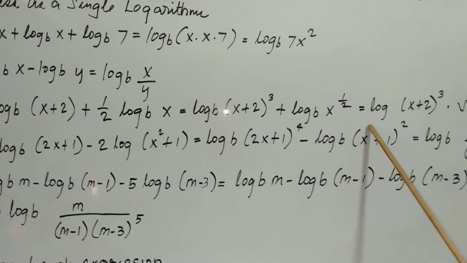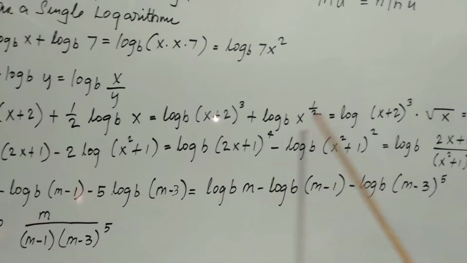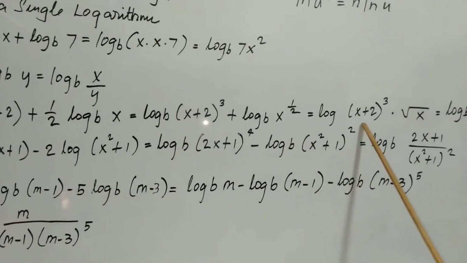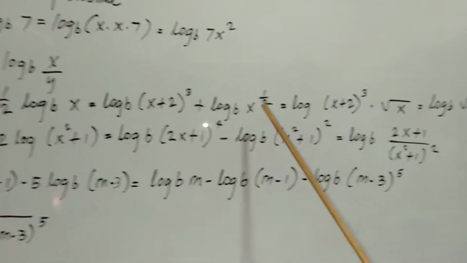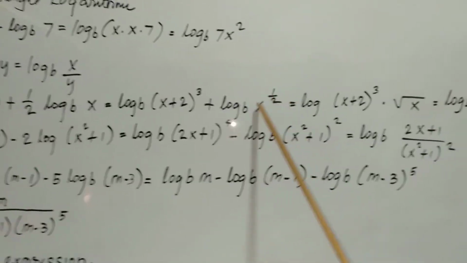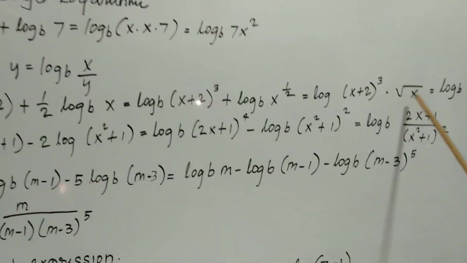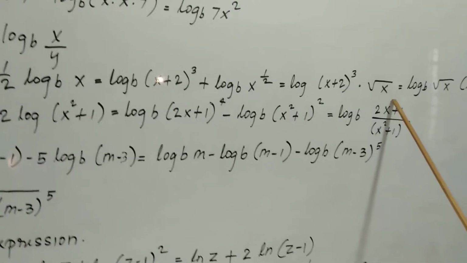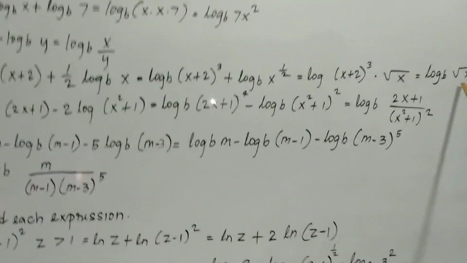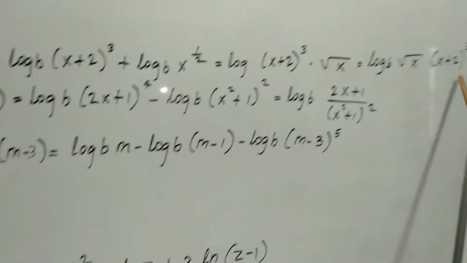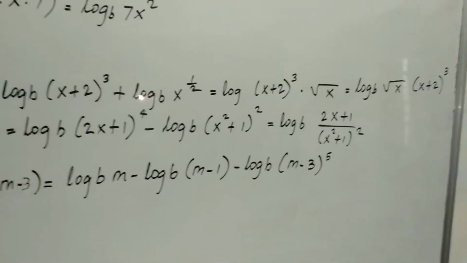This one remains the same, and we convert this one to a product, expressed in radical form, square root of x. So just rearrange: logarithm base b of square root of x times x plus 2 raised to 3.